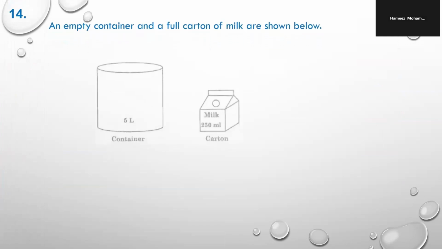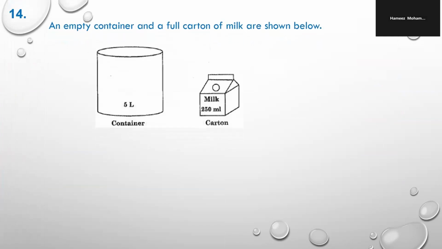So good. Let's move on now to number 14. An empty container and a full carton of milk are shown below. The container holds 5 liters, while the milk carton is 250 ml. How many cartons of milk will fill the container? And there's so many different ways to do this.